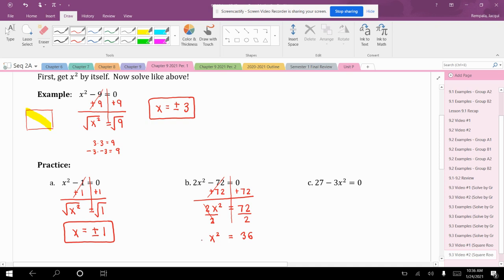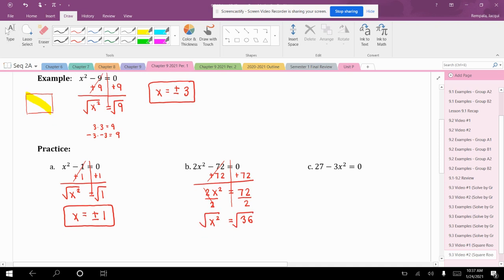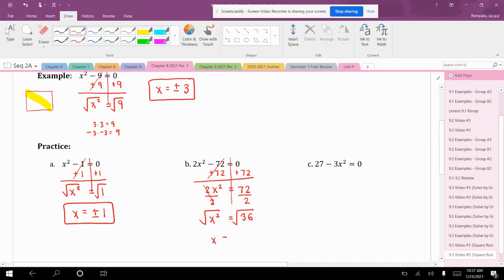Now it's isolated by itself, where I can take the square root of both sides. That will give you the x by itself. Use the multiplication chart, plug this into your calculator. Just don't forget we will have both a positive as well as a negative, but the square root of 36 is going to give us 6. And these are my two answers.